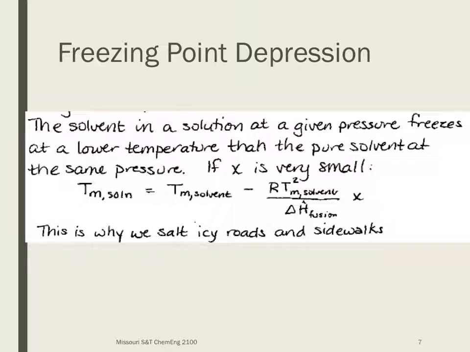Freezing point depression is going to be very similar, okay? The solvent in the solution will freeze at a lower temperature than the pure solvent. If X is very small, then I can estimate the melting temperature of the solution by looking at the melting temperature of the solvent minus R, the ideal gas constant, times the temperature.